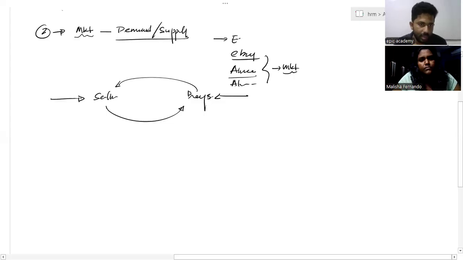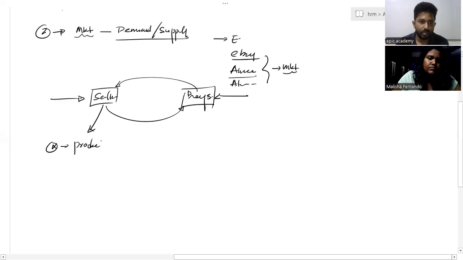Right. Here, you can identify two types of partners who participate in the economic activity. Sellers: in economics, we recognize the seller as a producer. I know that in practical situations, the seller can be different from the producer.